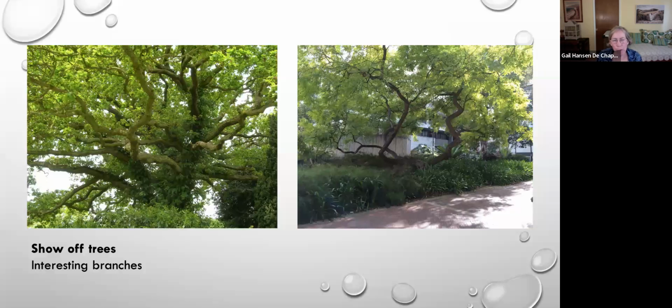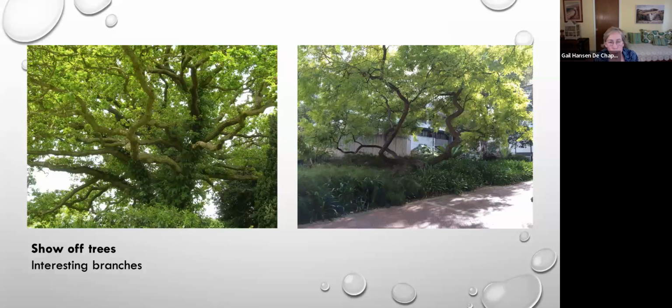It's always a lot of fun to look up and see these really interesting canopies that are providing your shade. That adds another dimension to your garden and another view of it, so that you're not always just paying attention to the ground plane and what plants are on it.